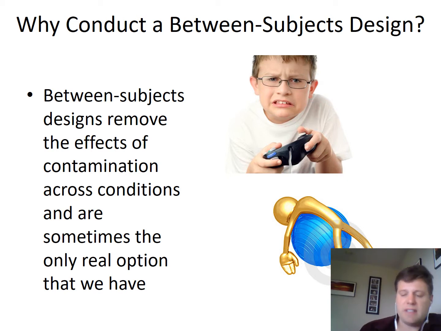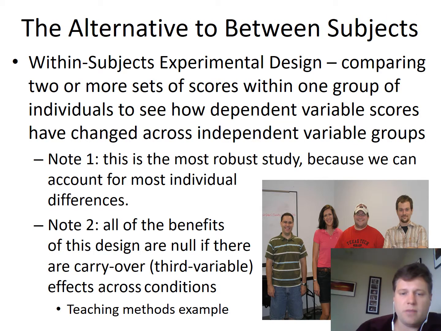To give you a sense of why this is the case, we were going to do a little bit of an activity. We were going to talk about the benefits of running within subjects designs and where the pitfalls were, after first clarifying what within subjects designs are.